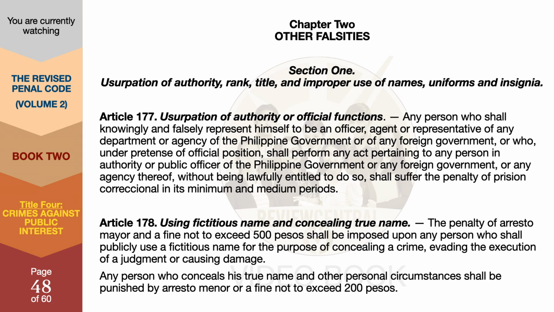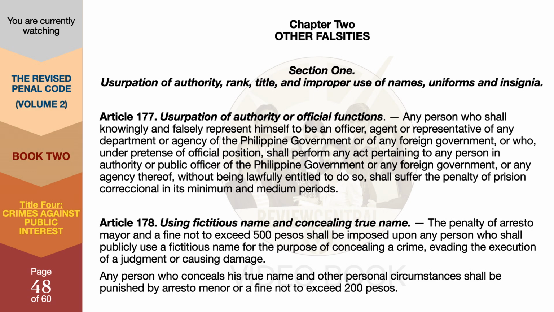Chapter 2. Other falsities. Section 1. Usurpation of authority, rank, title, and improper use of names, uniforms and insignia. Article 177. Usurpation of authority or official functions.